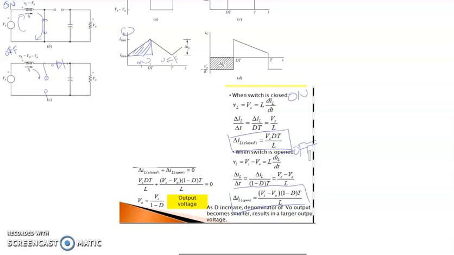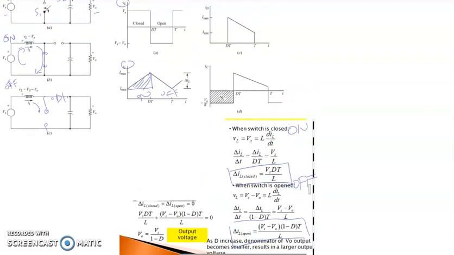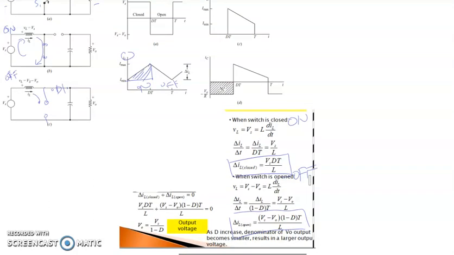Ideally the on and off states should add up to 0, and IL close and IL open should sum to 0, because the inductor should not consume current, just store current. So when we add these together, it starts from a certain level and backs to a certain level, meaning it does not consume, it just delivers and absorbs like that.